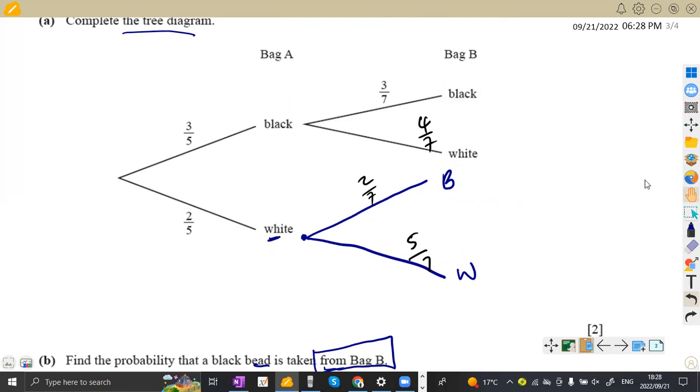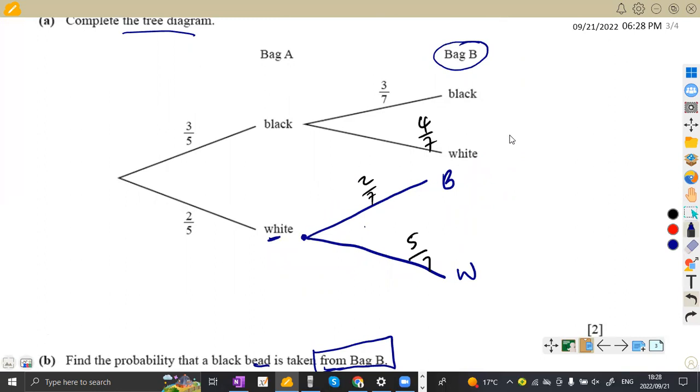Black from B. So from bag B, over 7. So it's going to be 3/7. A black bead. So I think it's 3/5 and 3/7.